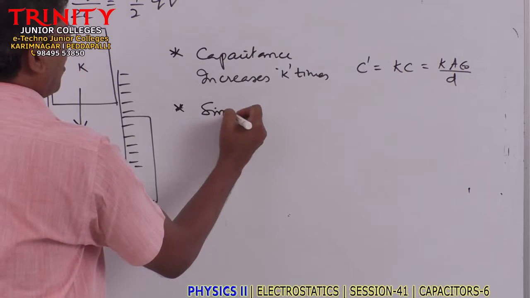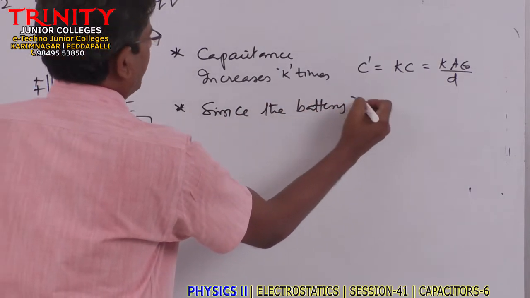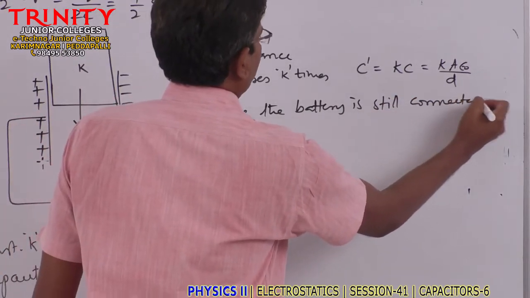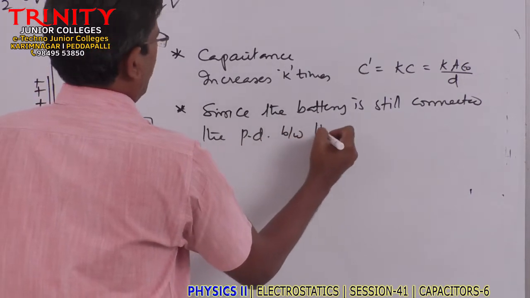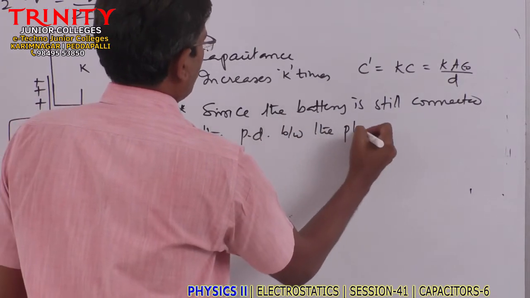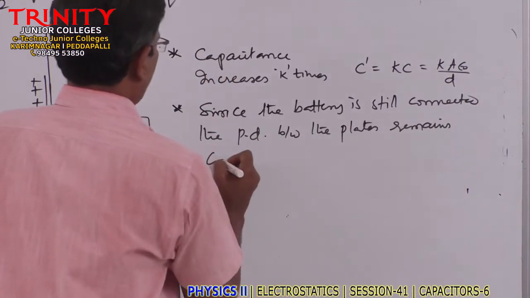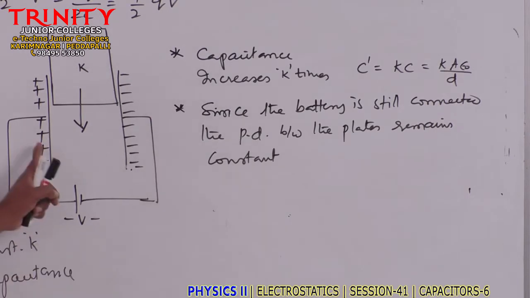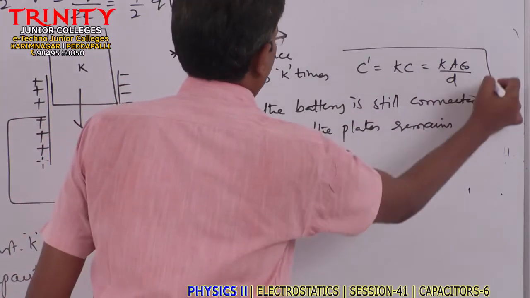Since the battery is still connected, the potential difference between the plates does not change, it remains constant, because the battery can offer a fixed potential difference across the plates.